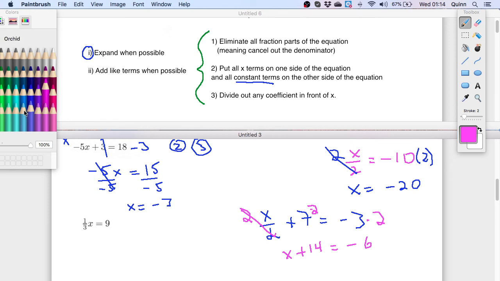Now if I take this here and I put the negative 14, I want to put all my x terms on one side and my constant terms on the other. I could put minus 14. This goes away and we end up getting x is equal to, well, negative 6 minus 14 is negative 20, and we get the same answer. So you have two different ways that you can do this here, if you like.